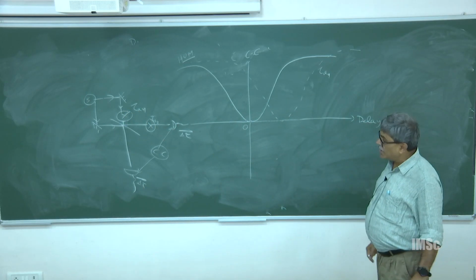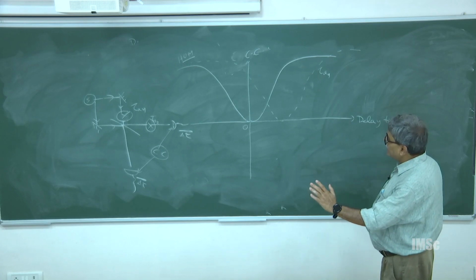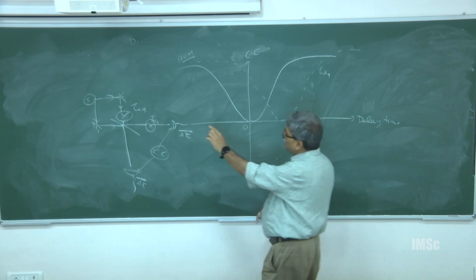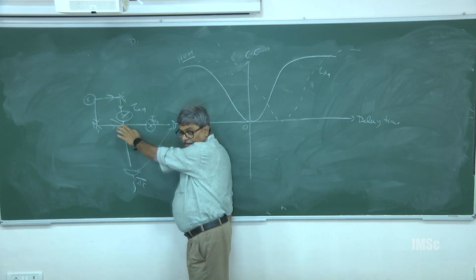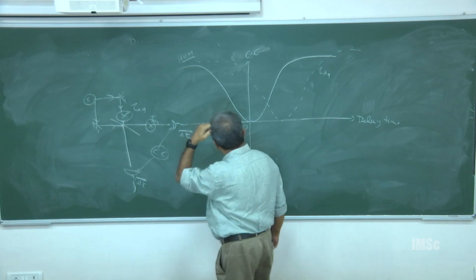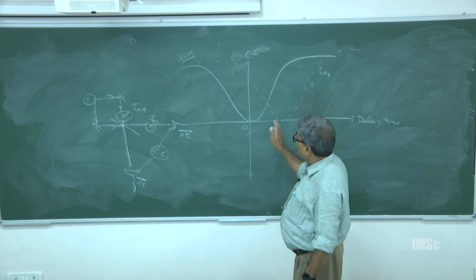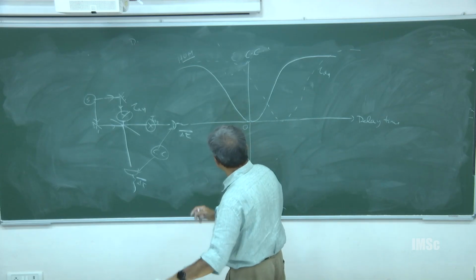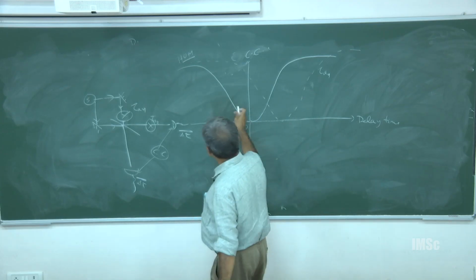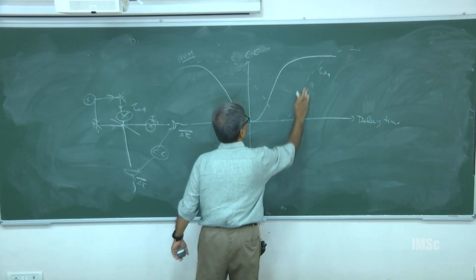Now, this is the case where you do not put any time delay here, in the regular case. Actually this is kind of misleading. So, in the regular case, forget about this curve.